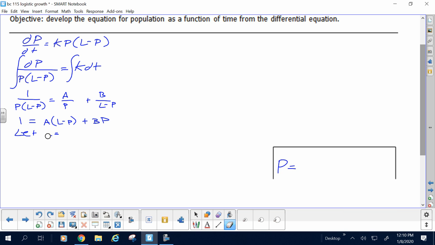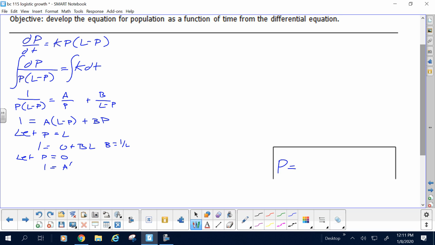We can choose to let P be whatever, because this equation is true for all P's. So we can choose good P's that help us. What is a good P? L and 0. We could say let P equal L, and 0 will also help. So when P equals L, we get 1 equals 0 plus BL, so B is 1 over L. And if we let P equal 0, then we get 1 equals AL plus 0, so A is 1 over L.